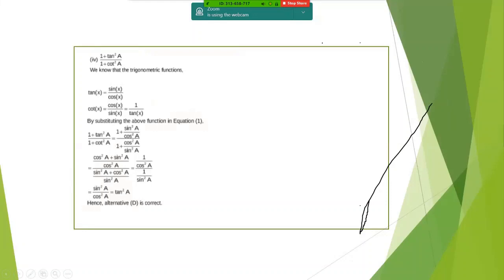If you want to, you can take this down, but this is quite a complicated method. We can always go with 1 plus tan square A is equal to secant square A upon cosecant square A, and then the reverse, that is 1 upon cos square A upon 1 upon sin square A, which is nothing but tan square A. The alternative is D. Done with it?